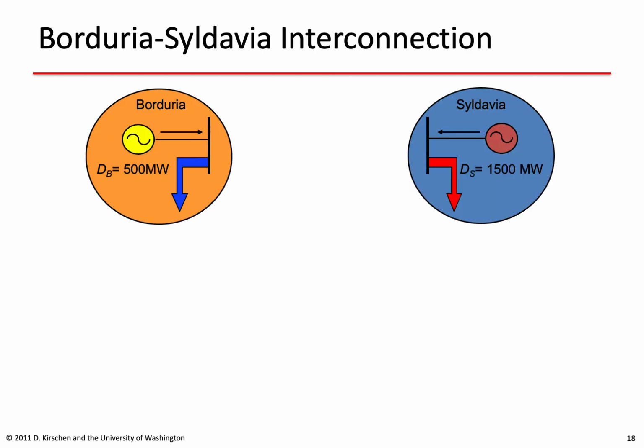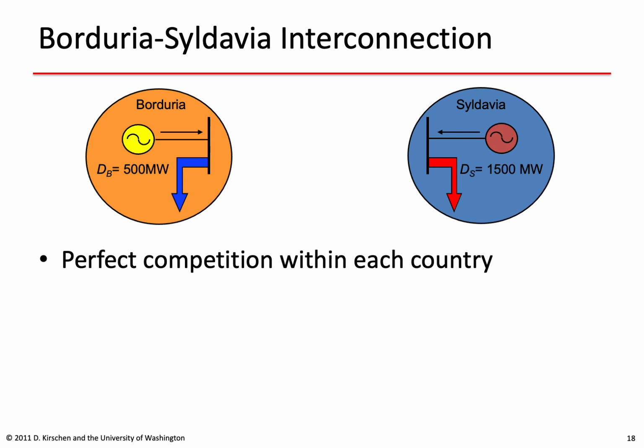Let's study centralized markets using an example that involves two countries, Borduria and Syldavia, and we'll look at the effect that an interconnection has on prices of electricity in these two countries. So we will assume that each country has an electricity market and that there is perfect competition within each country.